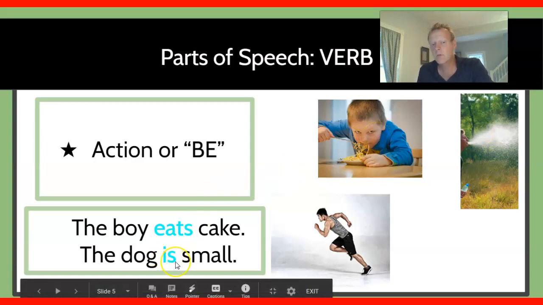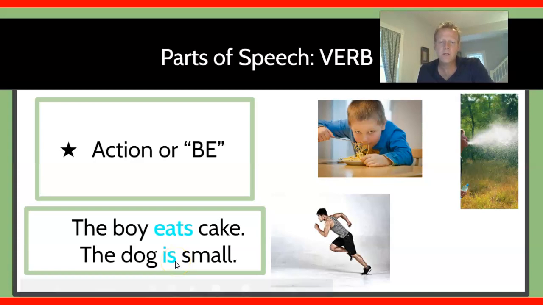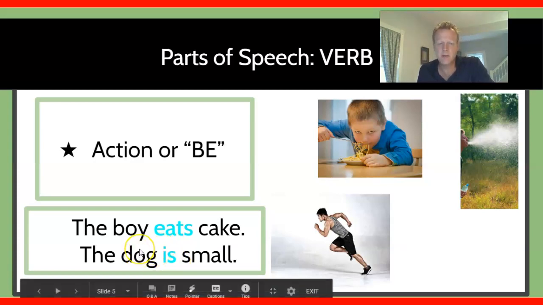Is also a be verb, and it usually is describing the noun in front of it. The dog is small. It's used as kind of like an equal sign, and it often has a noun here and an adjective here. The bird is flying. The bird flies. Fly is a verb.